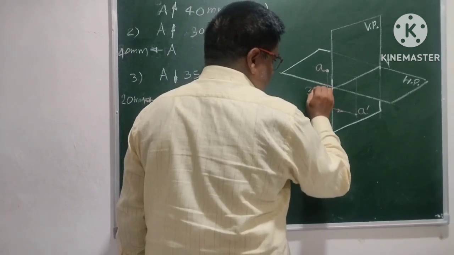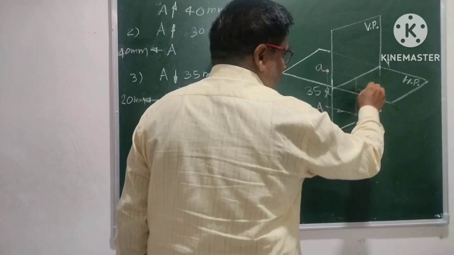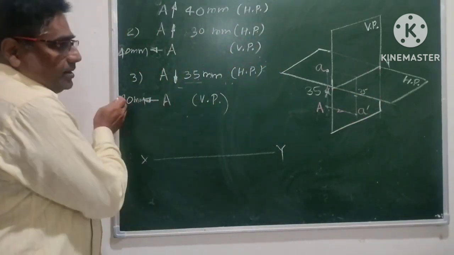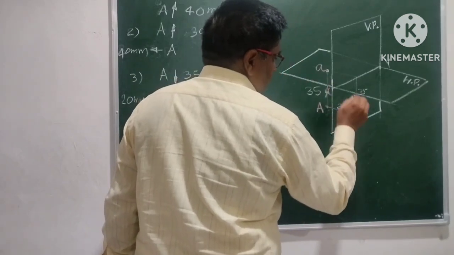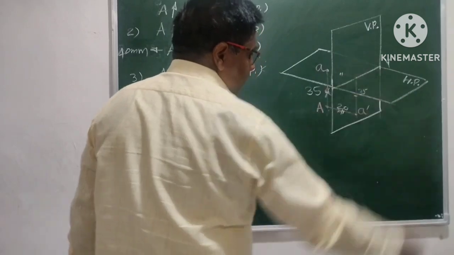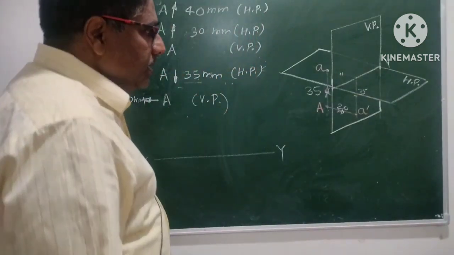This distance is 35, this is also 35. And this behind distance is 20 mm. See, this is also 20, opposite sides of a parallelogram. These are projectors actually.